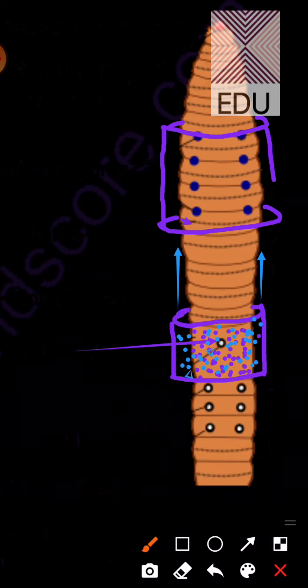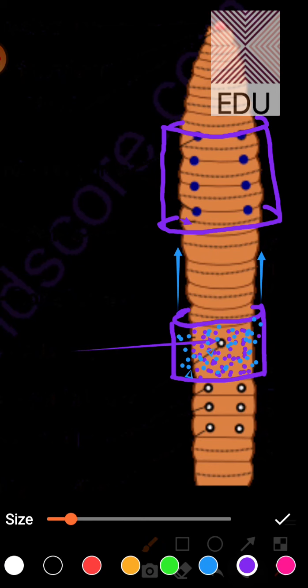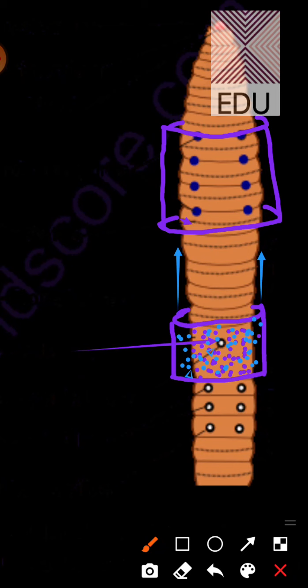After traveling to the anterior side, this egg case is very close to, or you can say over, the spermathecae. So what were these blue color dots? These were the eggs which were put from the female genital pore, as we discussed earlier. These are large in number.